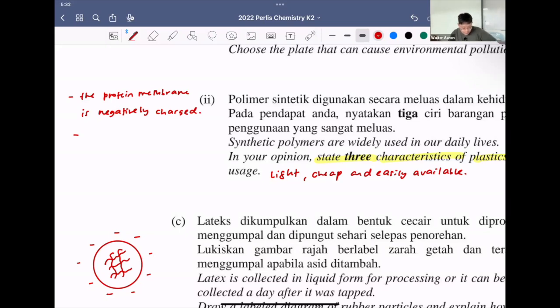Then you say the hydrogen ions will neutralize the negative charge.